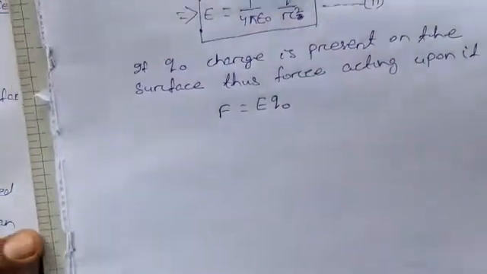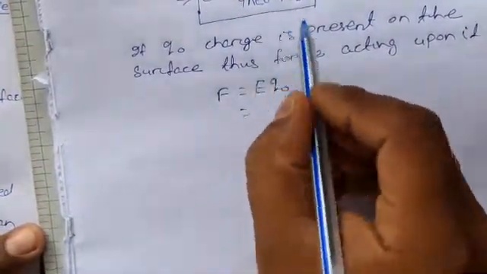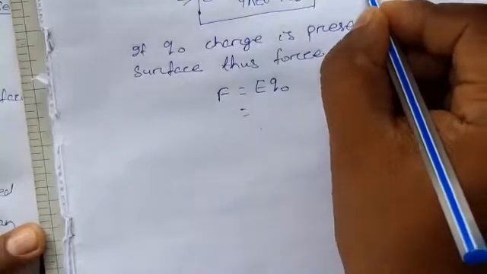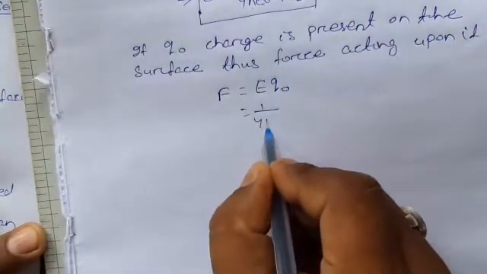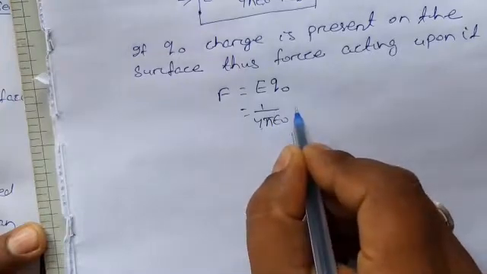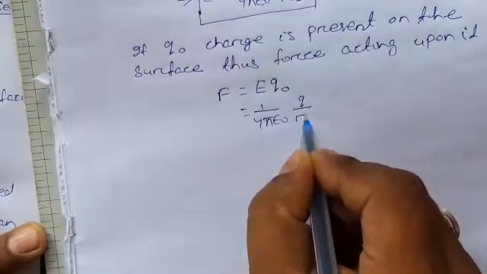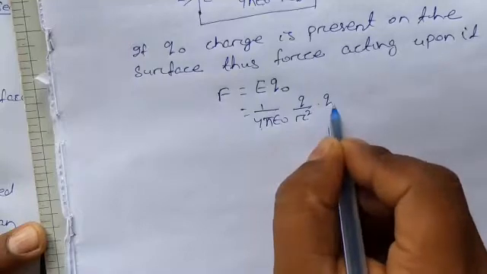And we know what is E, we have derived in equation 3. E equal to, I can place it here, 1 by 4 pi epsilon naught Q by r² into Q0.